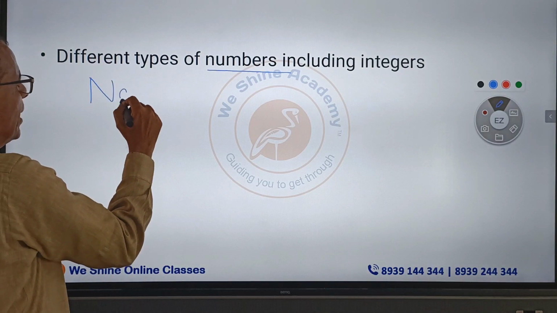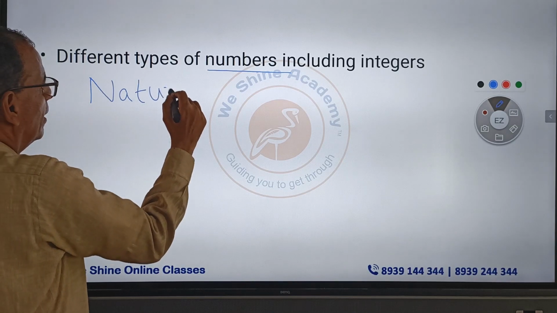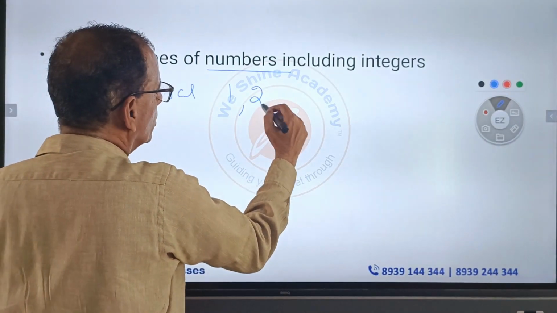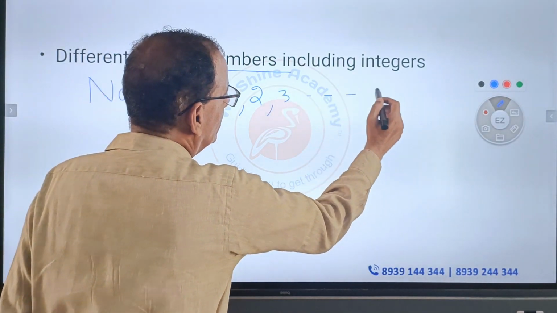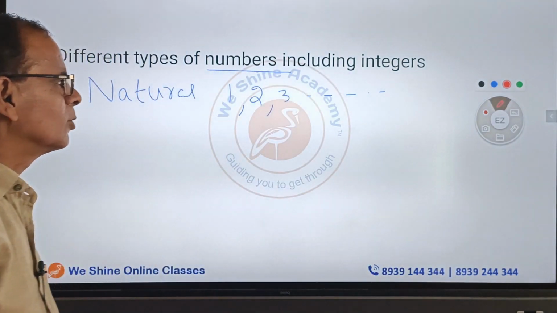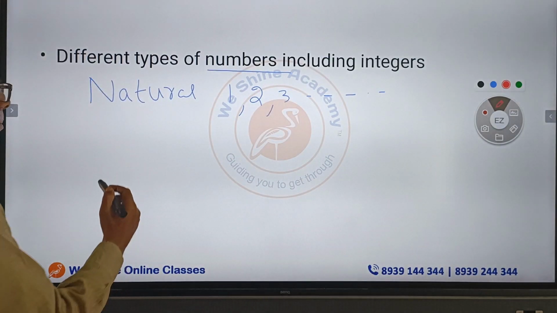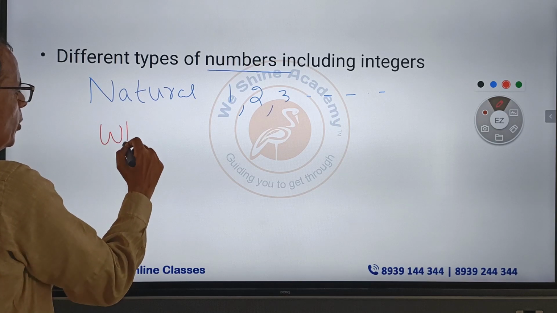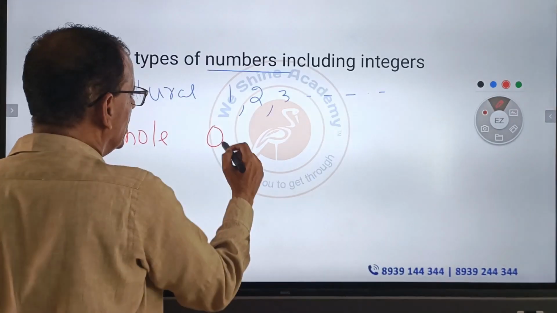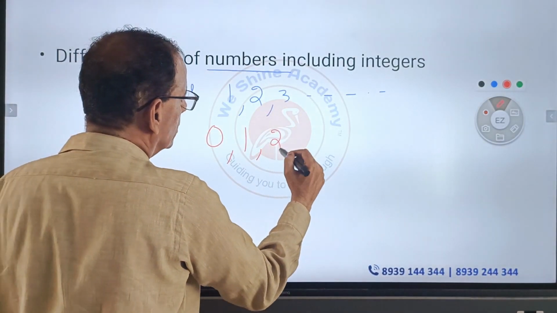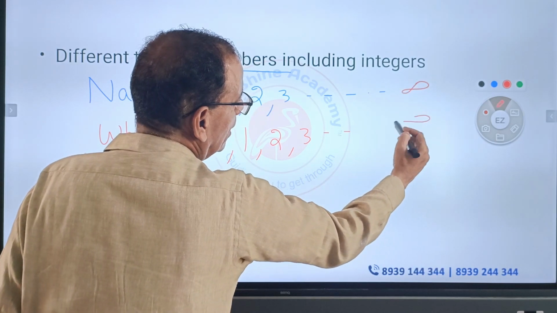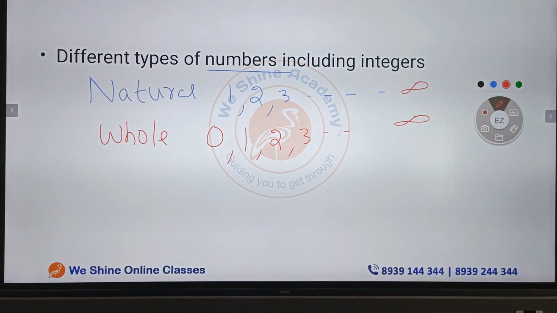Suppose a natural number, that means it starts from 1, 2, 3, etc. In the examination the questions may come in any form. Suppose whole numbers, that means 0, 1, 2, 3, etc. up to infinity. Infinity means no end.